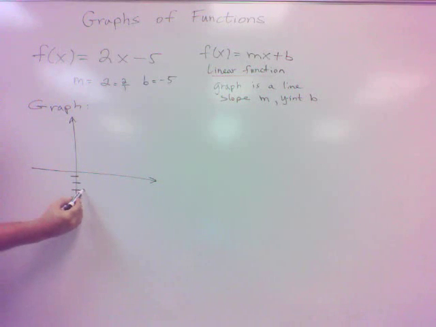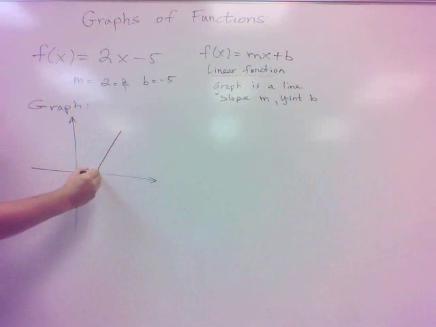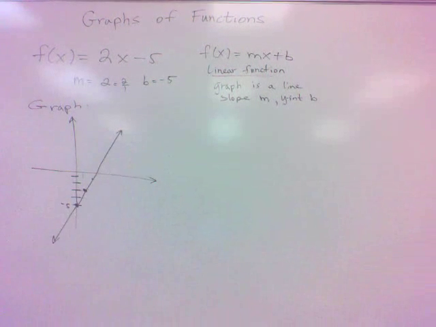There's another point, and you can keep doing that. There's various other ways you could do that. We could use a table, we could use intercepts, the x and the y-intercept, find both of those. But this is very same thing. Y equals mx plus b, f of x equals mx plus b. You can do the same thing.